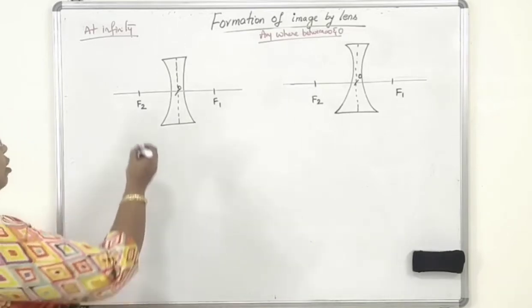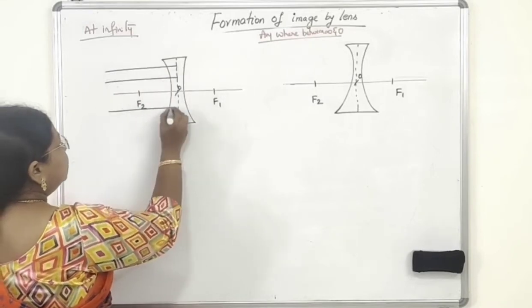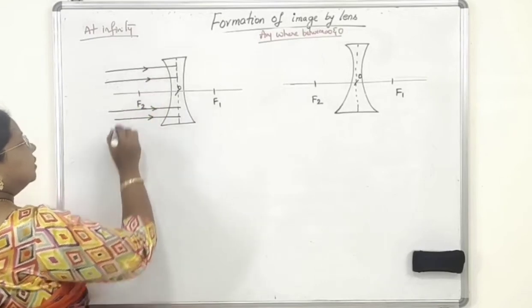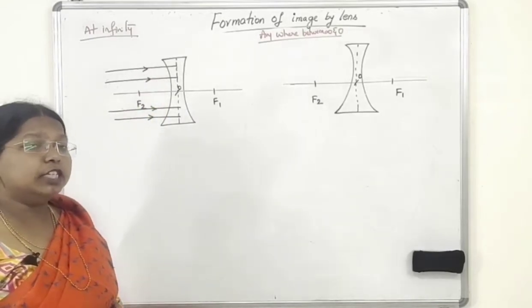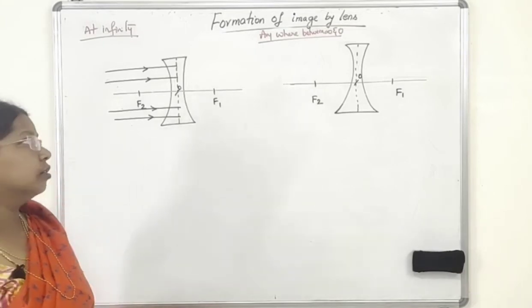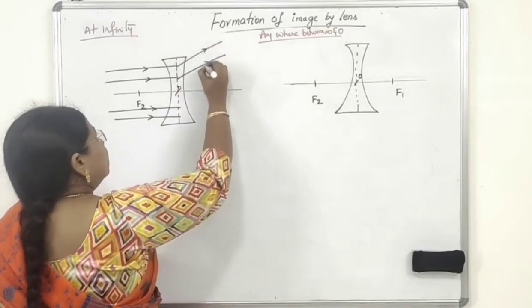We already know that when object is at infinity, the light rays will be coming parallel to the principal axis. And this is a diverging lens. After refraction, they diverge. Clear?